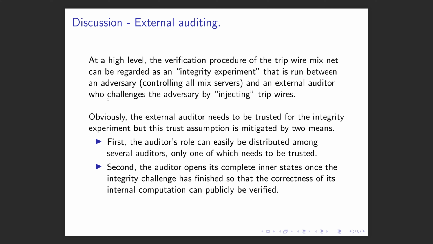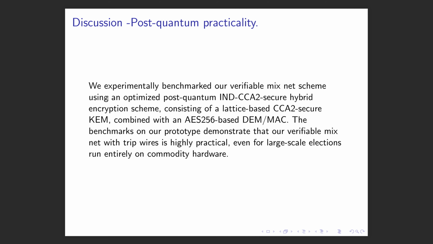This is quite a common tactic. Second, the auditor opens its complete inner state once the integrity challenge is finished, so the correctness of its internal computation can be publicly verified. So really we're trusting that one of the auditors didn't collaborate with the mix servers during the period in which the mixnet actually runs.